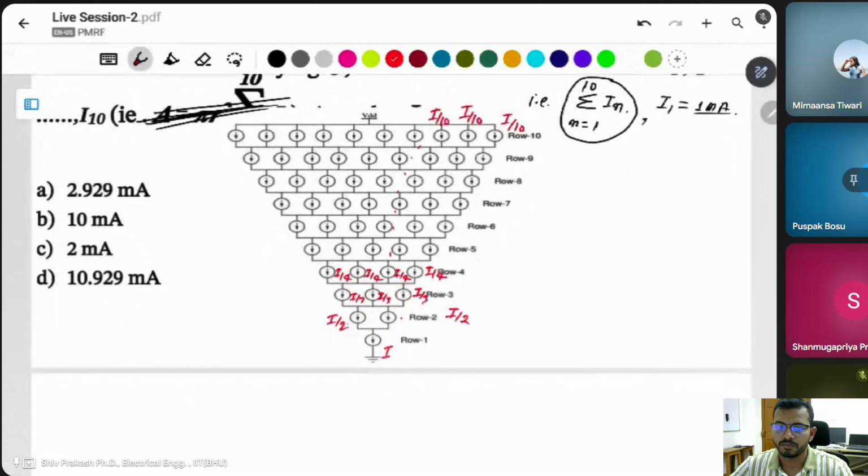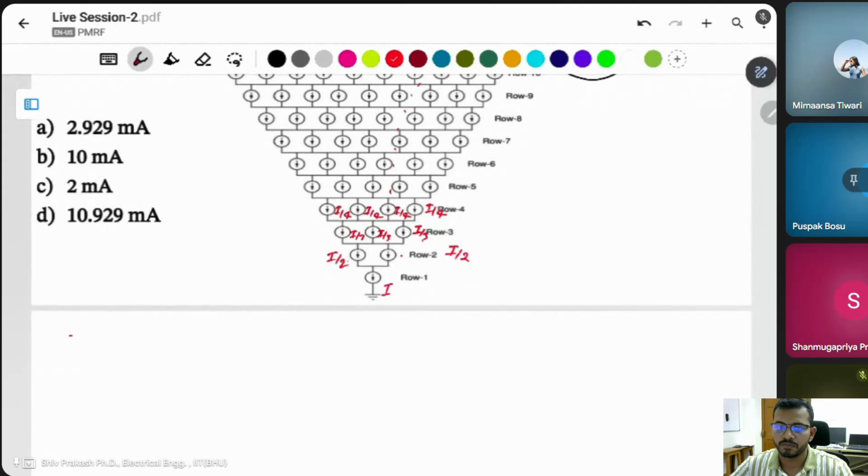Then for the sum of the current, summation of n equal to 1 to 10 of In is simply I1 plus I2 plus I3 dot dot to I10.